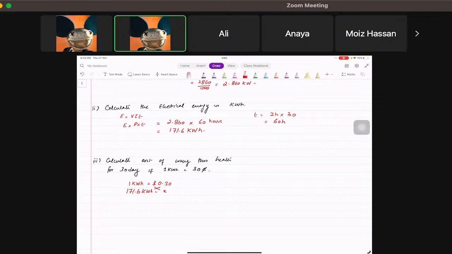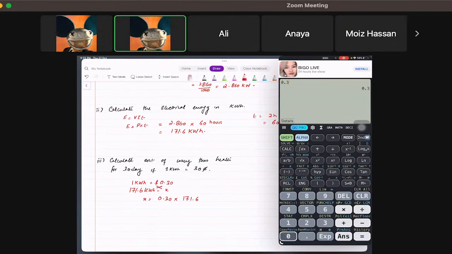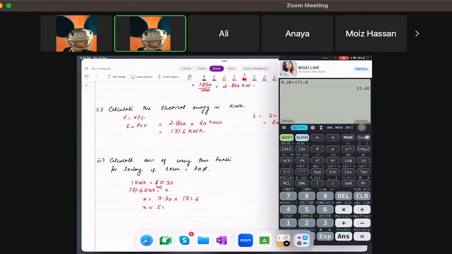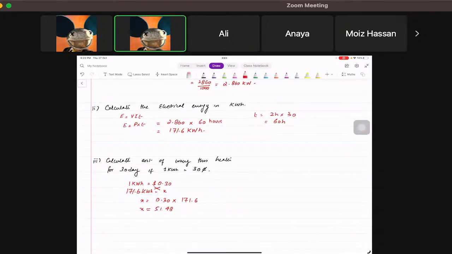So I'm going to multiply this. So 0.30 times 171.6, and that would cost you about 51.48 dollars. Is it clear, everyone? Any questions? Let me know.